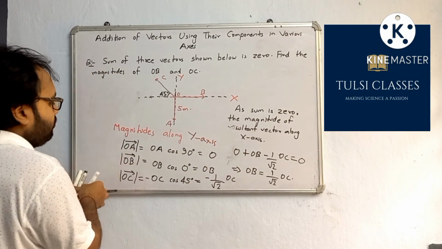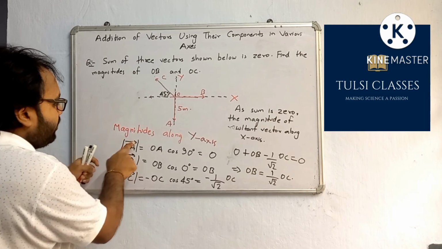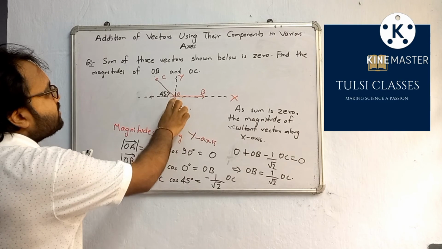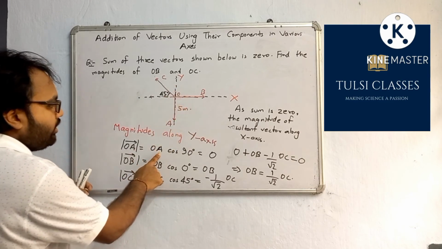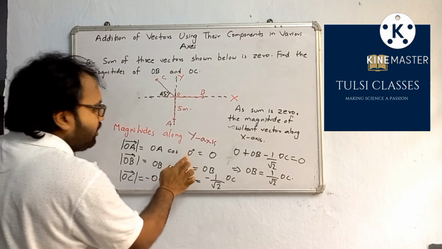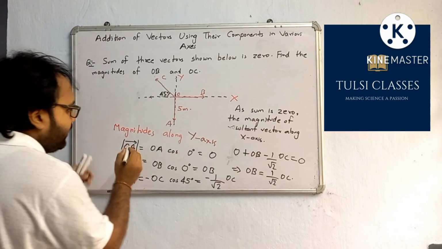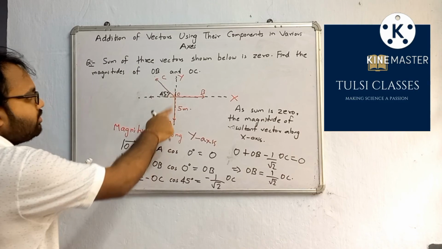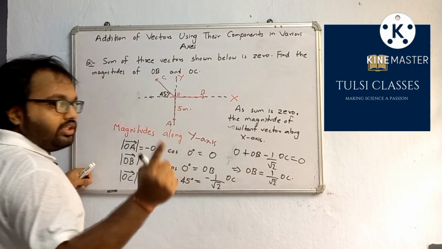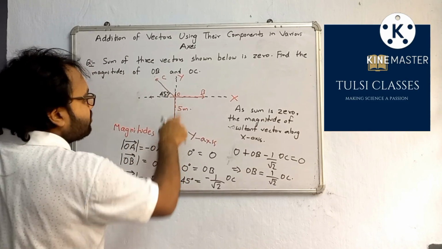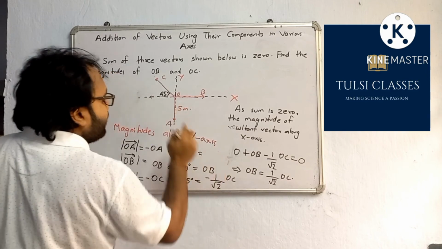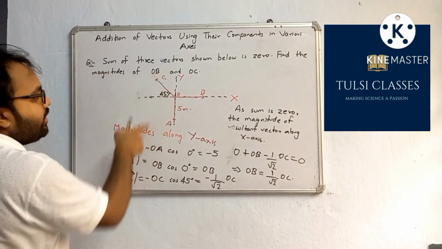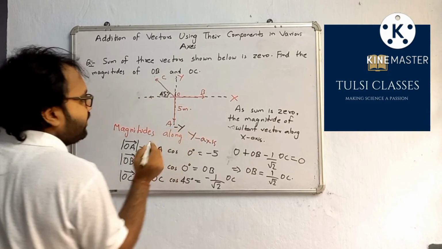For OA, as OA is along the negative y-axis, we write minus OA cos 0 degree. Cos 0 degree is 1, so minus OA, which is equal to minus 5 meter along the y-axis, as this is the negative y-axis.